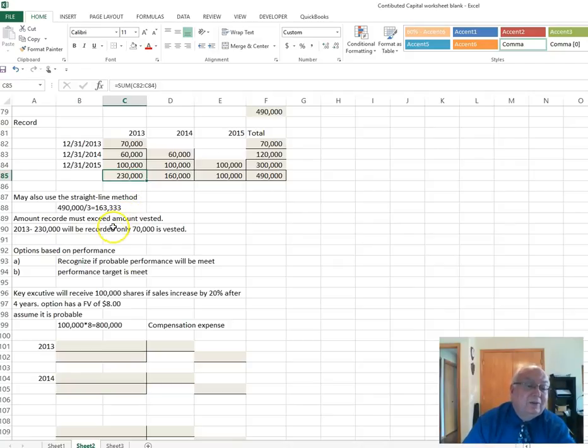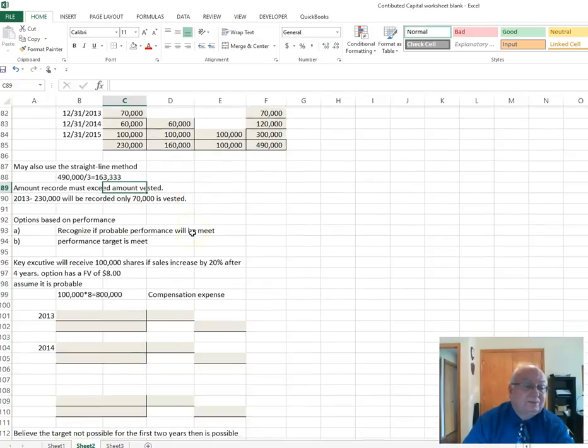The next year we have another $160,000 vested, so a total of $490,000, but we'd actually only need $190,000. Okay, and that's why I say you can use $163,000 each year, as long as the amount actually vested is less than that, because this is 70, 163. The second year you'd have 326, and we need 190, so we could do it that way also.